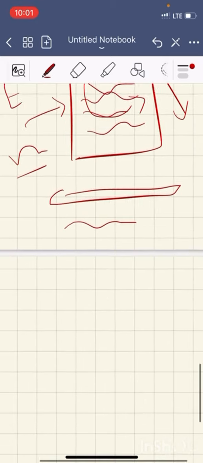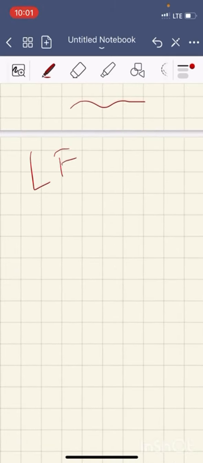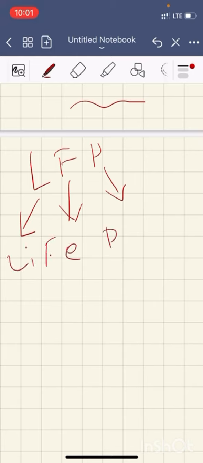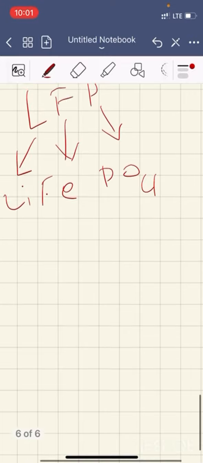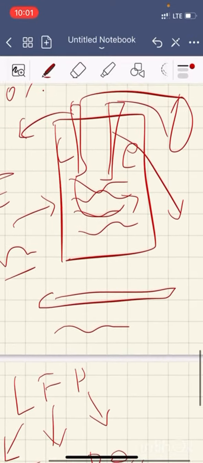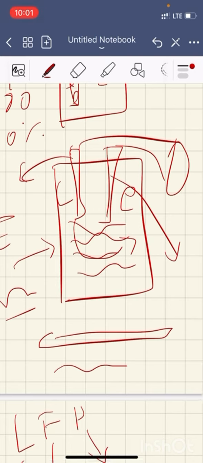For an LFP cell, this is lithium ferro phosphate, where phosphate is PO4. During charge and discharge over a period of time, these electrodes start to react with the lithium ferro phosphate electrolyte.